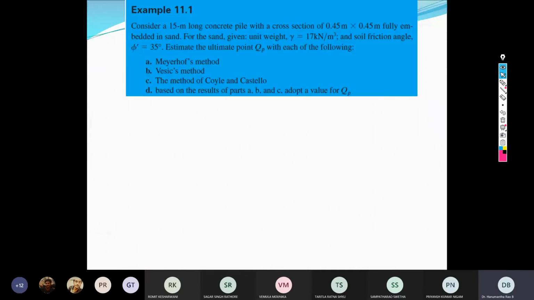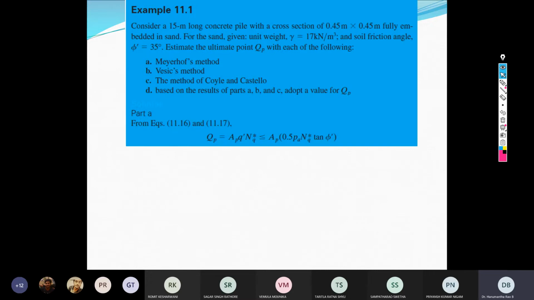So for those who have already done it, I don't need to re-emphasize again. The equation of Meyerhof is straightforward. The point bearing capacity of pile Qp is nothing but Ap into q dash into Nq star as per Meyerhof.